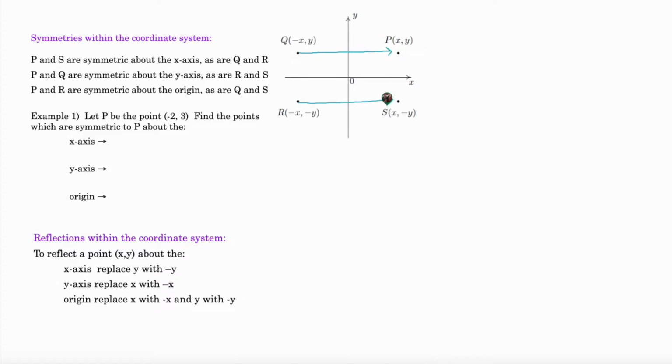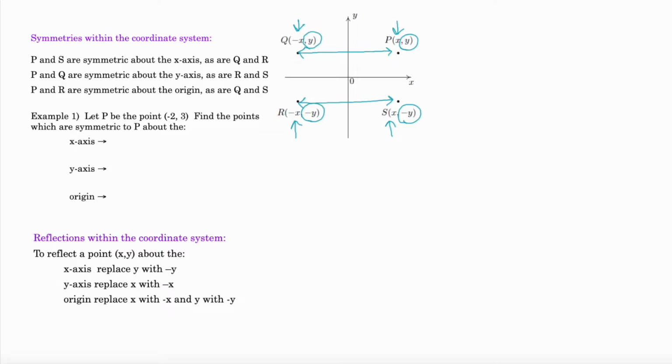If we reflect across that y-axis in either direction, notice that our y values remain the same. It's our x values, when we reflect across the y-axis, that become opposite. Again, our y values remain the same. It's our x values that are opposites when we reflect about the y-axis.